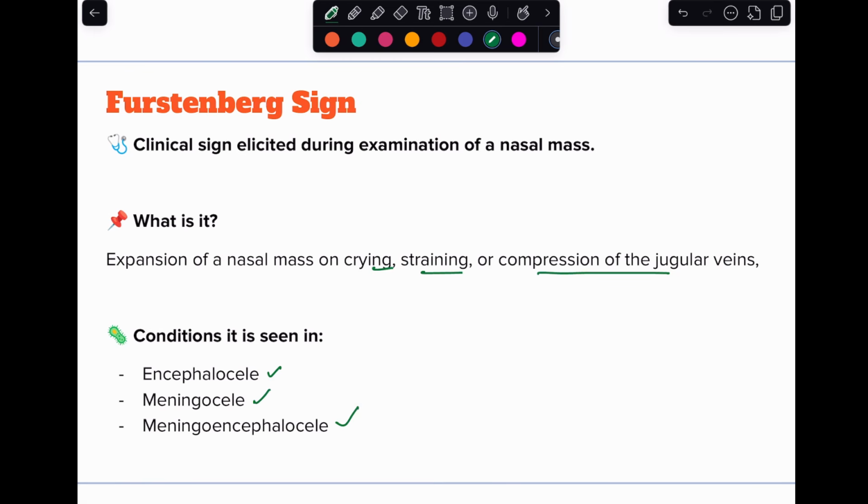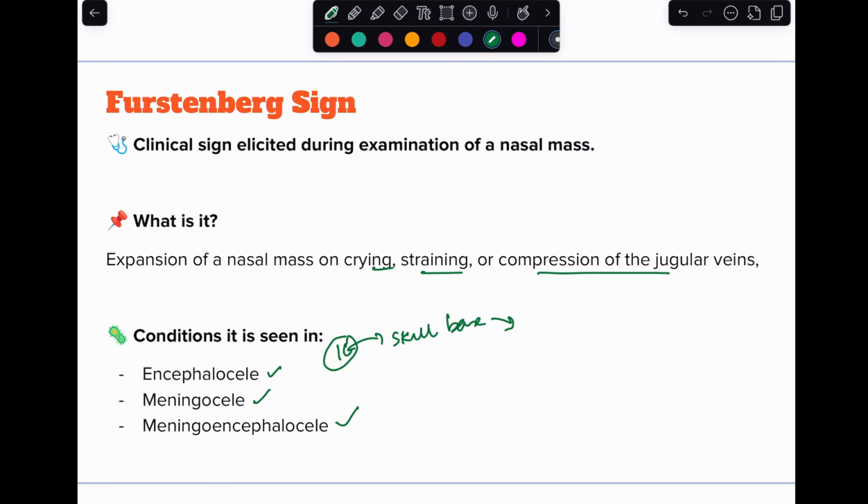Now, what happens here? In an encephalocele, there are intracranial contents which are herniating through the skull base, and it enters into the nasal cavity. So the mass that you're seeing in the nasal cavity actually contains intracranial content.